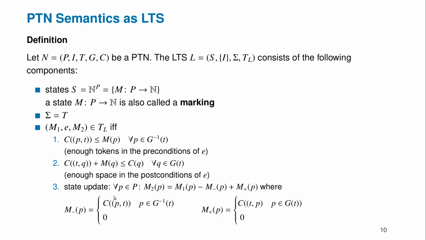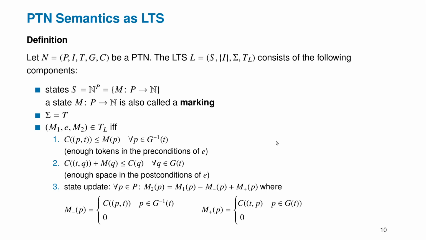What we simply do is this: we have the markings of places that are in the preconditions, the markings that are in the postconditions, and we have unrelated markings.